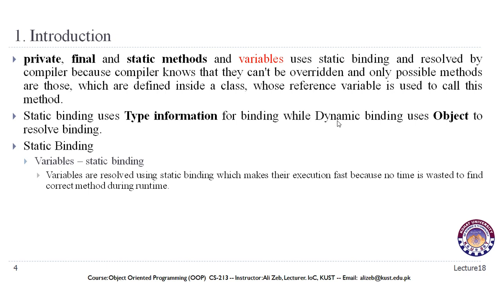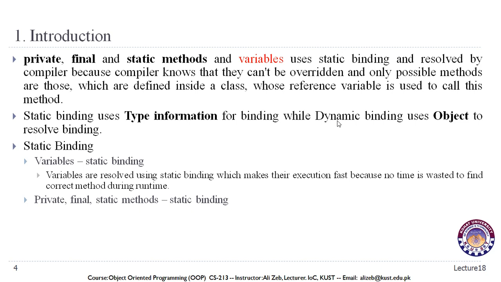When we declare variables, usually as private, they use static binding. When we use static binding, we do not need to wait to run the program to know the type of the variable or the output of the method. We know in advance what the type of that variable will be.